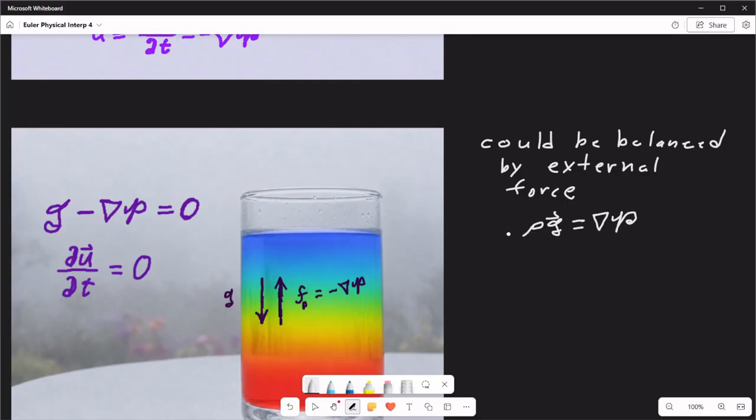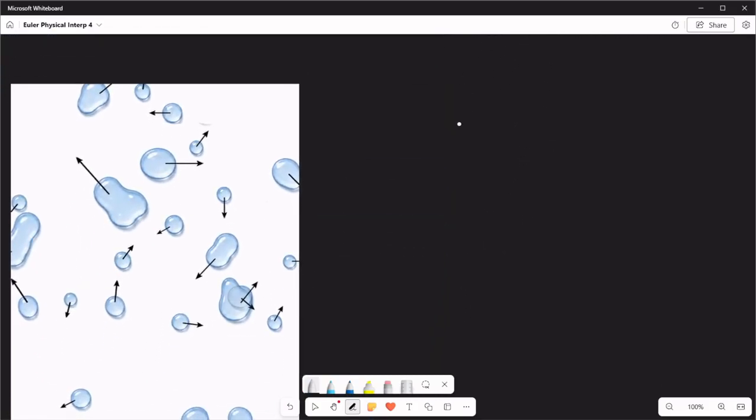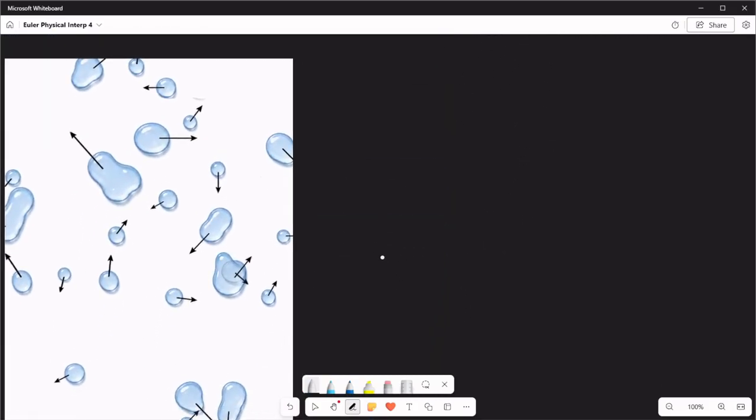Okay, but there are other cases, and one question is, where does pressure actually come from? To start with, let's examine the case where pressure actually didn't exist.